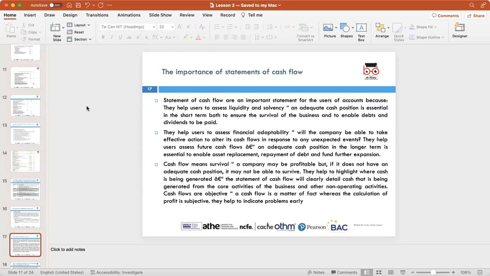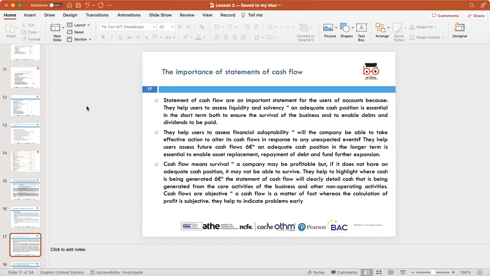So here, users of the accounts benefit significantly from the information provided by the statement of cash flows because it allows for a more accurate evaluation of the company's liquidity and solvency. In the short term, an adequate cash position is essential for both the survival of the business and the payment of debts and dividends.